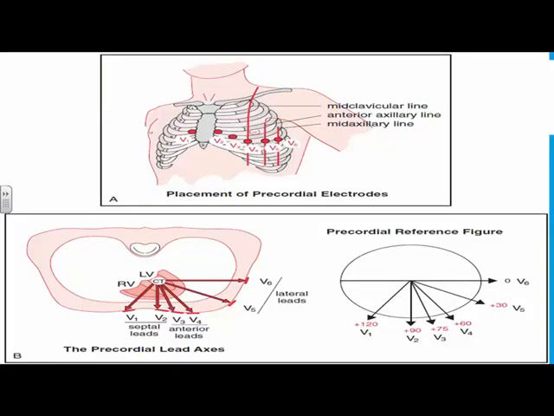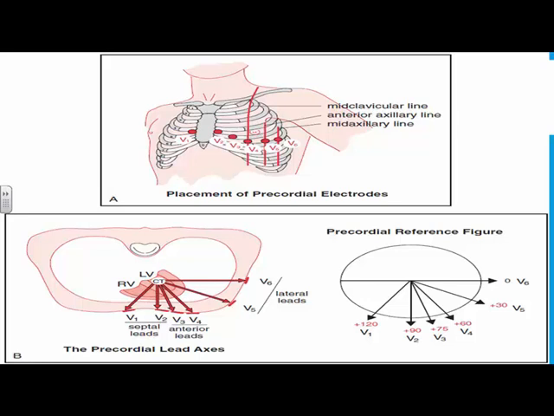Chest leads are your V1 through V6. Just like with the augmented leads, they've got a common negative. Essentially what you're looking at here is somebody who is face down, prone, and y'all are looking down at my head. I'm cutting the body in half, so y'all will be looking at my upper half.